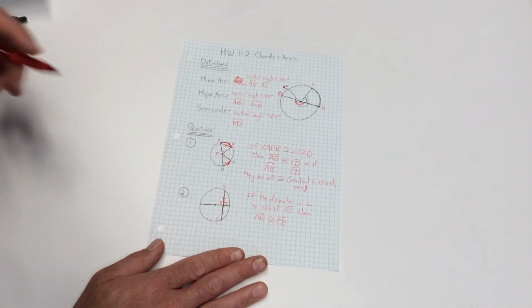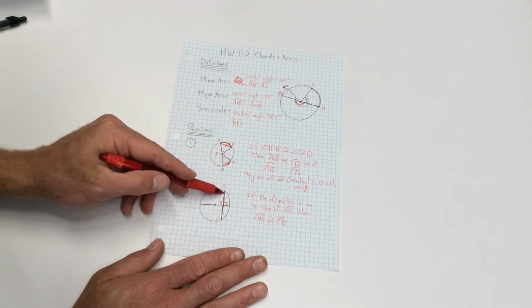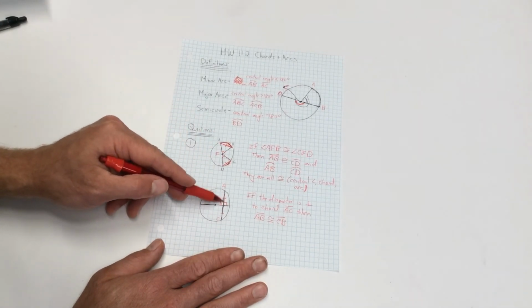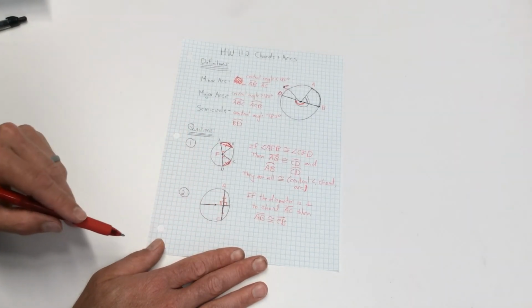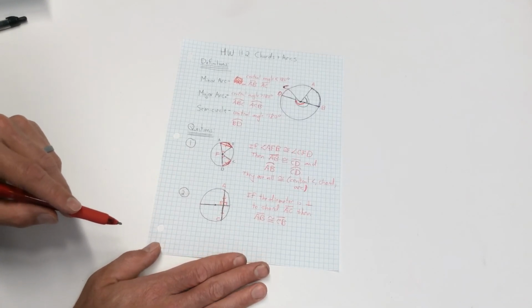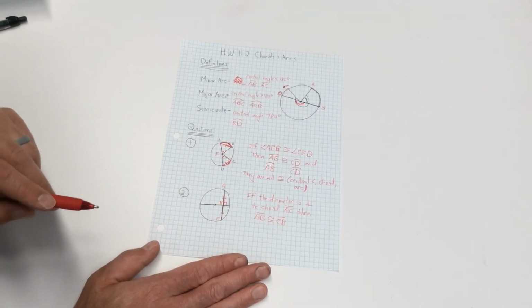Okay, so if you have a diameter that is perpendicular to this chord, then it's going to bisect these two things.